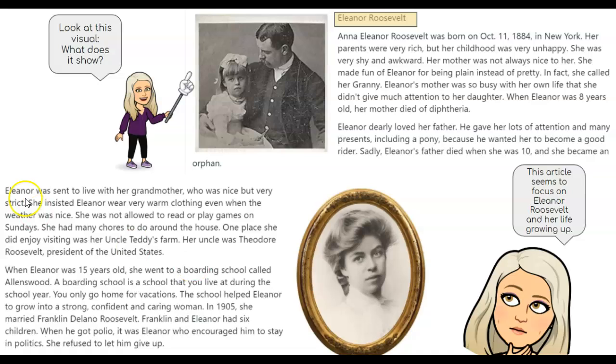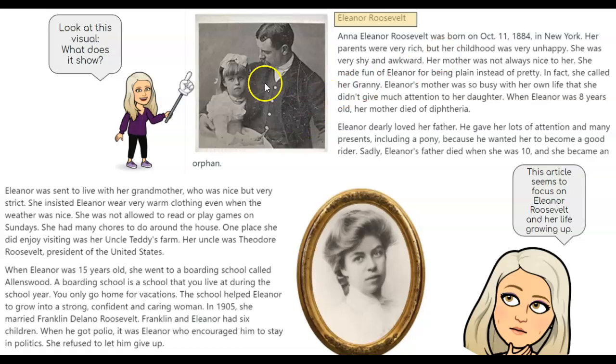And so you can see here, look at this visual. What does it show? So of course you see a man and it looks like maybe a younger daughter. And so as we look all over this text, it talks about Eleanor Roosevelt. And so many of you might have the background information that Eleanor Roosevelt was married to Franklin D. Roosevelt as we've begun to study Great Depression, the New Deal, moving into World War II.